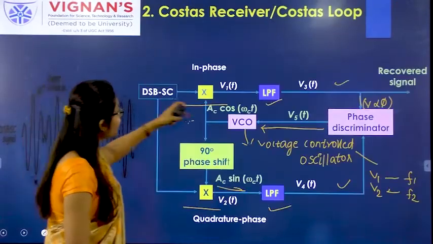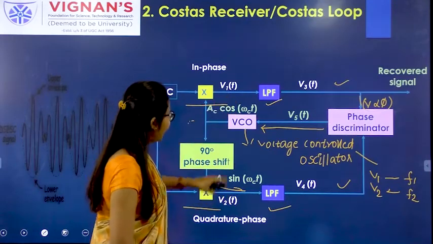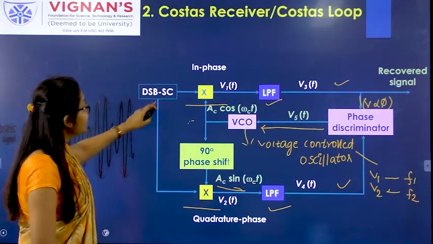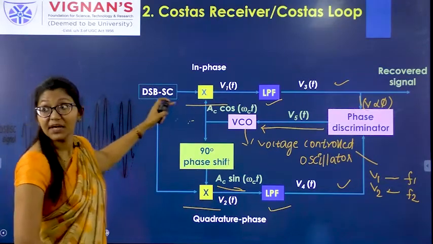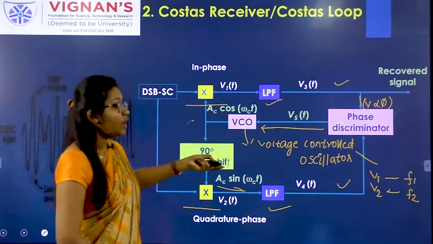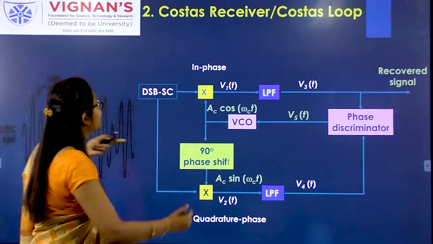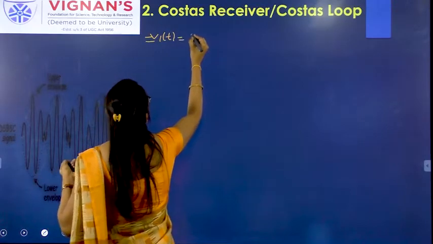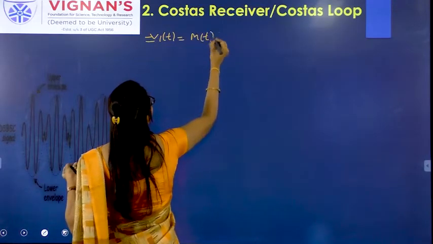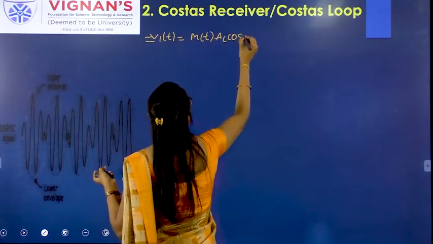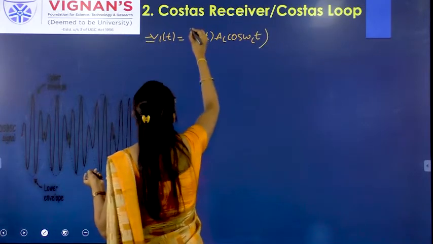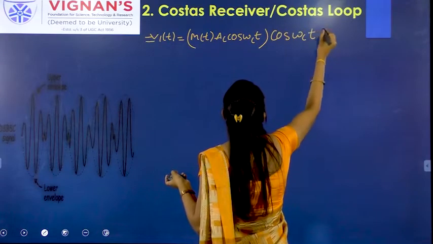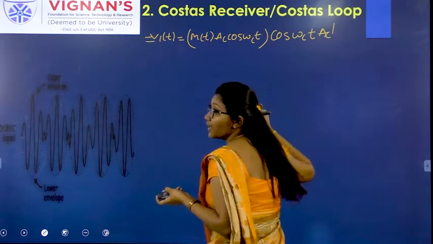First block, V1 of t, I am writing V1 of t. What is V1 of t here? V1 of t is the product of DSB-SC with your carrier. So V1 of t equals m of t Ac cos omega ct into Ac dash cos omega ct.